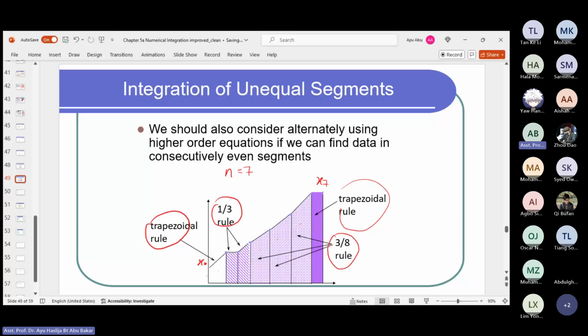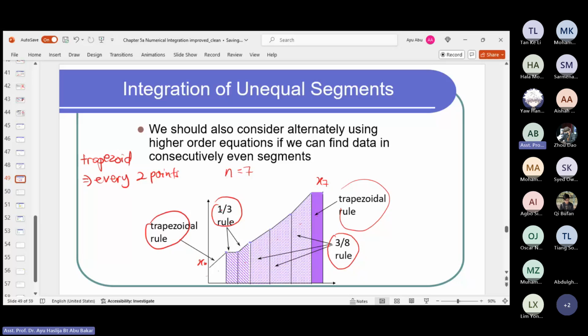It's up to your judgment. If you say you want to use all trapezoidal, it works as well because trapezoid works with every 2 points. Or if you want to use multiple application of trapezoid, it works as well. Or you can use a combination like this.